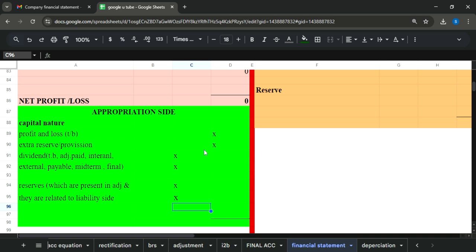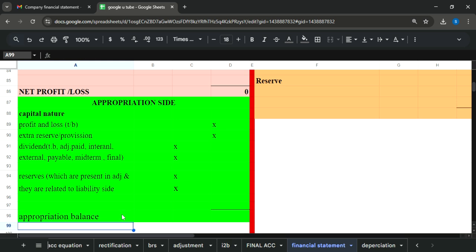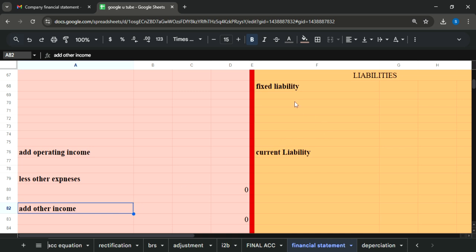All expenses would be written over here. And finally, you will see the difference. The difference of this income and expense would be mentioned over here. And this difference would be called appropriation balance. And this balance would finally be part of the balance sheet under fixed liability.